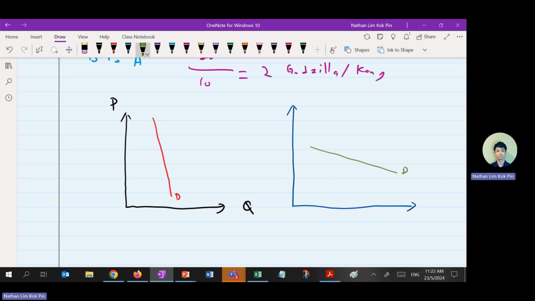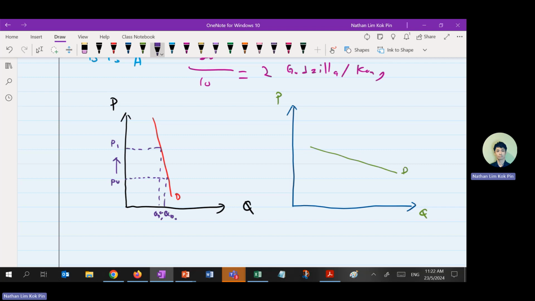If you look properly, ladies and gentlemen, let's say I increase my price by 2 ringgit. You will notice that the quantity demanded will decrease by only a little bit because they are not responsive.